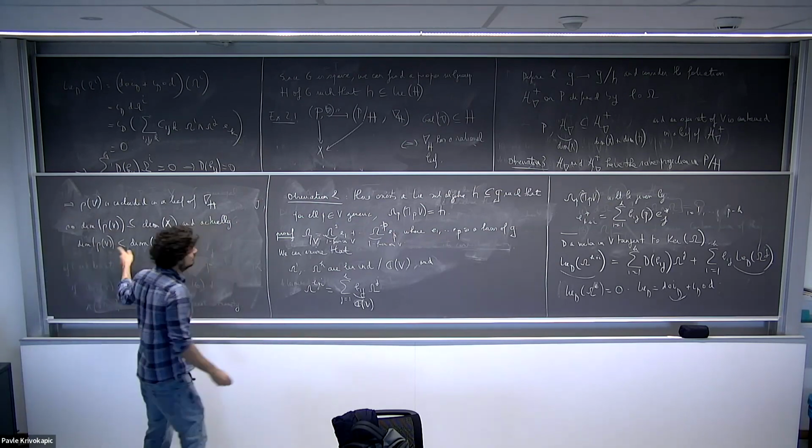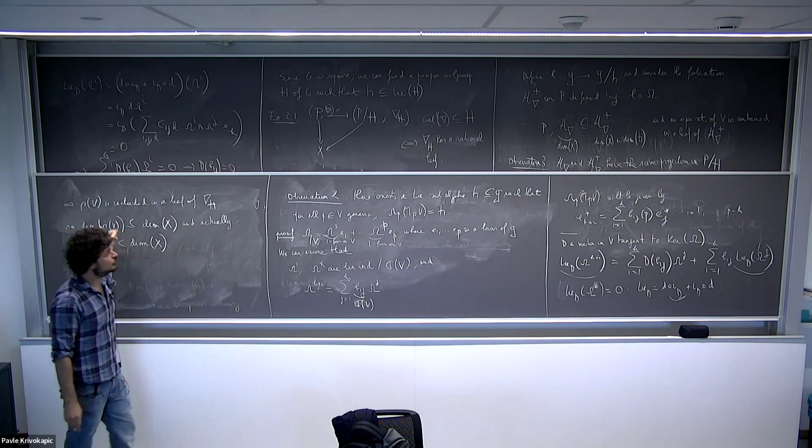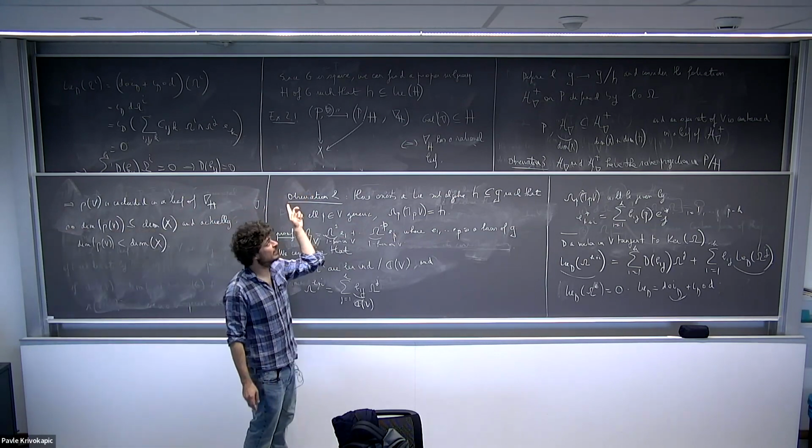Because if it was exactly the dimension of X, this would mean that rho of V projects surjectively on X.